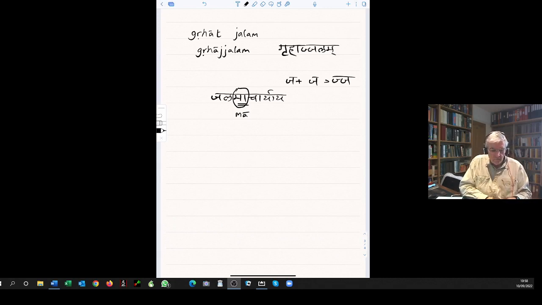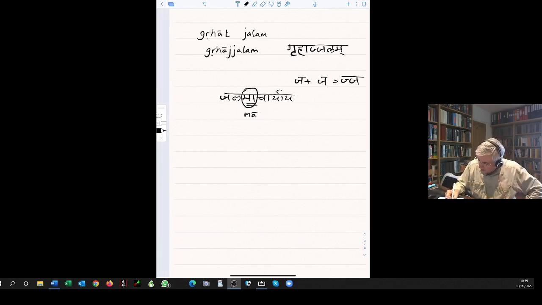Now, just as we have seen a final T merging with the following initial J and merging with the following initial L, here we see it merging with the following initial N. So from the house, grihat, nripasya becomes grihan nripasya, and you'll see it written as a double N in the Devanagari.